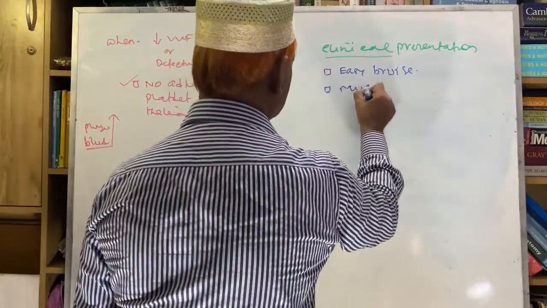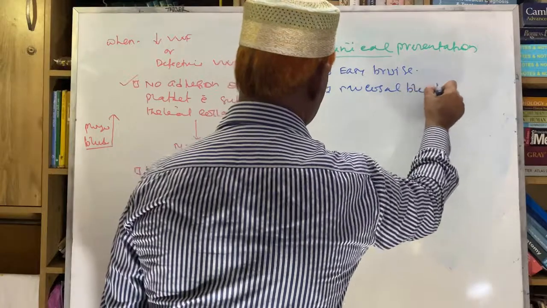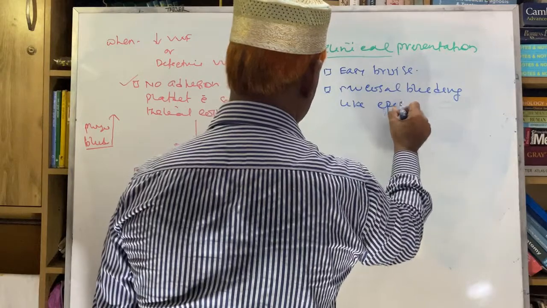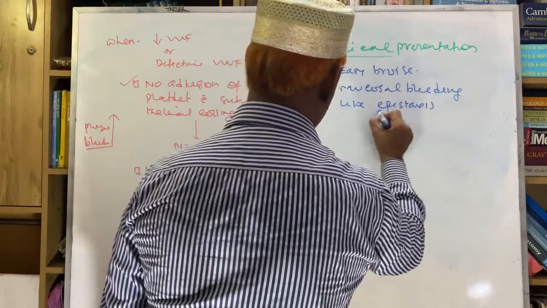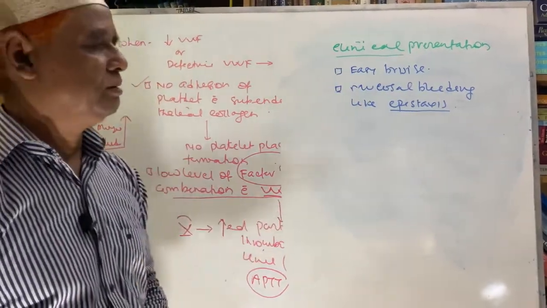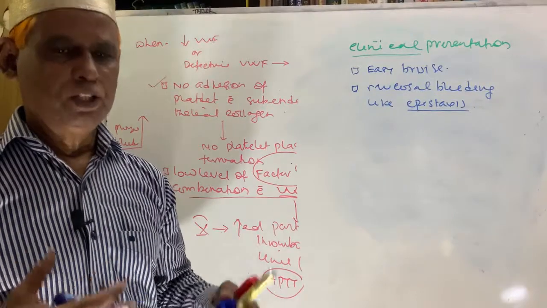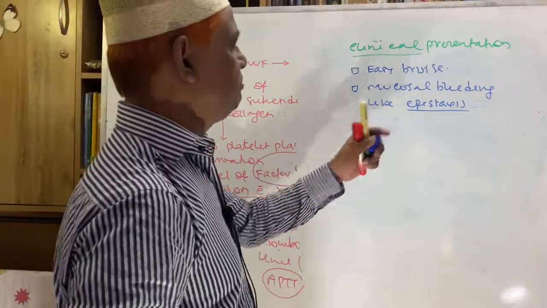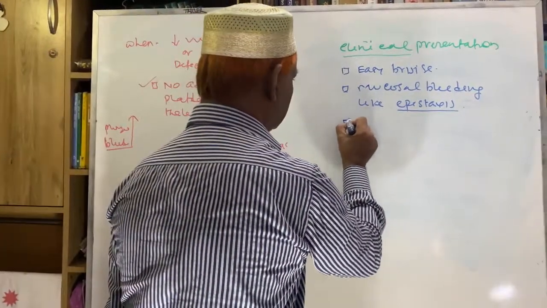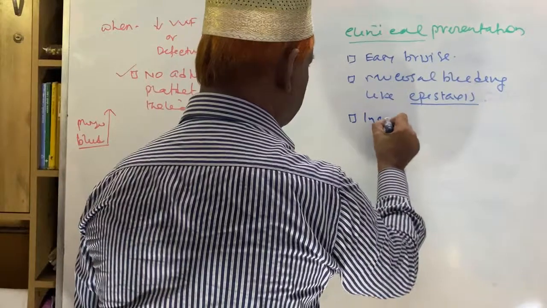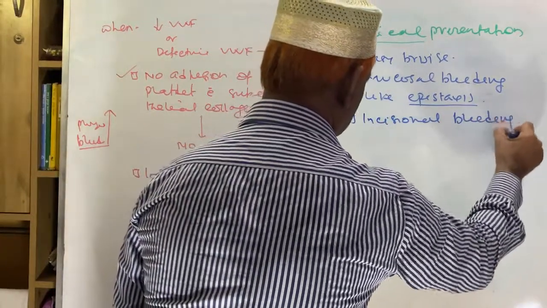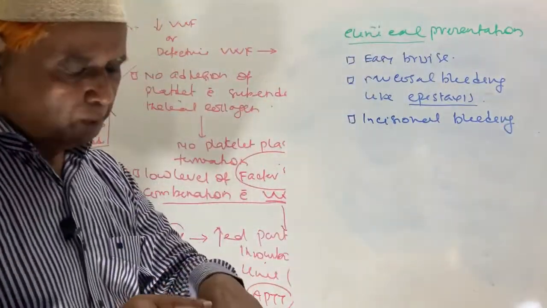Mucosal bleeding like epistaxis, nasal bleeding. This epistaxis nasal bleeding is aggravated following upper respiratory tract infection. Incisional bleeding. If you give incision, there will be profuse bleeding.